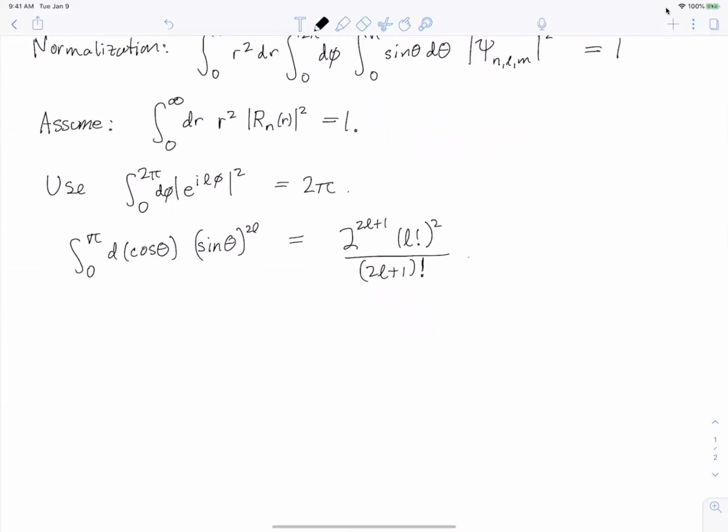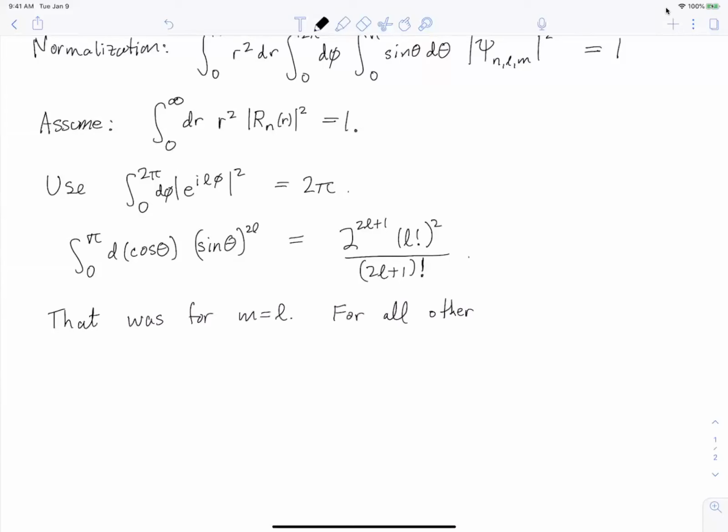And now that was all for m equals L. And now we have to worry about every other possible value of m. But that we can do pretty easily, at least mechanically. It's still a little bit ugly arithmetic.